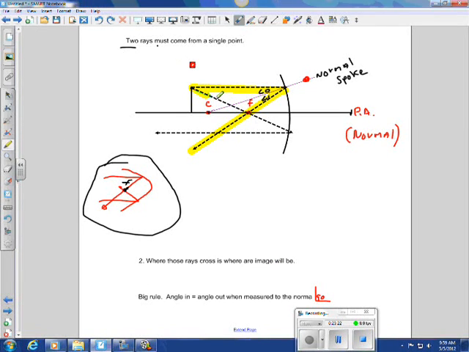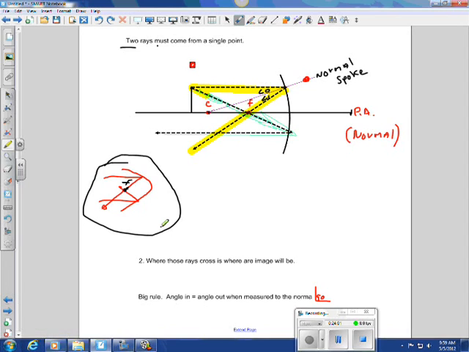The second ray came down like this. Let's see if we can do a little better job on this. The second ray of light came down through the center, like so. I'm trying to color it, like so, and bounced out. As it passed through the focal point, it bounced out this way.